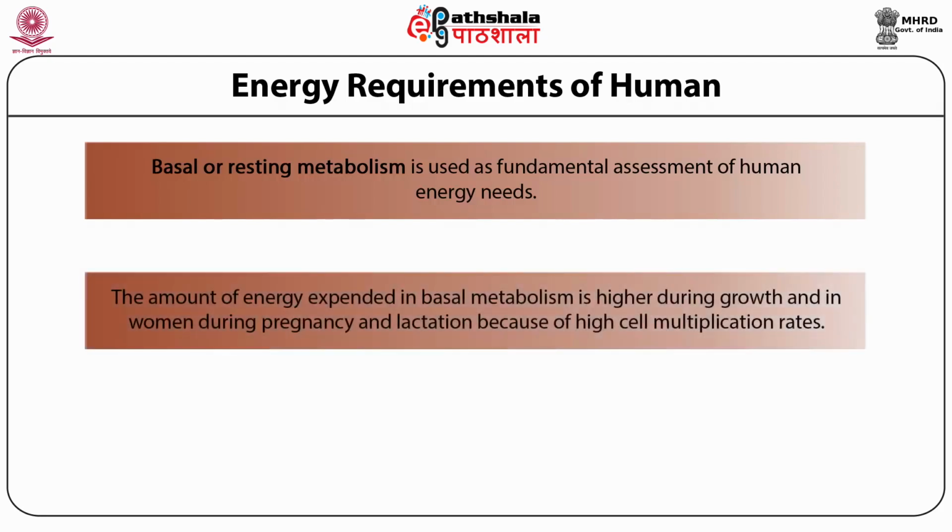The amount of energy expended in basal metabolism is higher during growth and in women during pregnancy and lactation because of the high cell multiplication rates. Basal metabolism of an average size young adult male is 300 kilojoules per hour, but may be higher in pregnant and lactating women, maybe around 400 kilojoules per hour, or as low as 150 kilojoules per hour in young children.